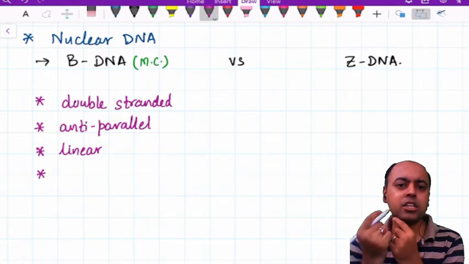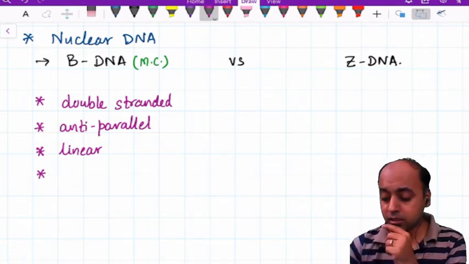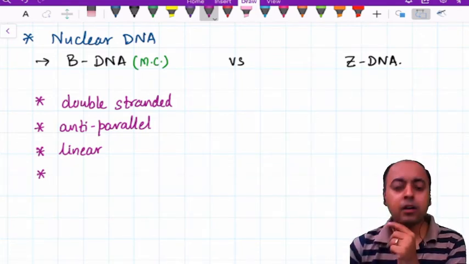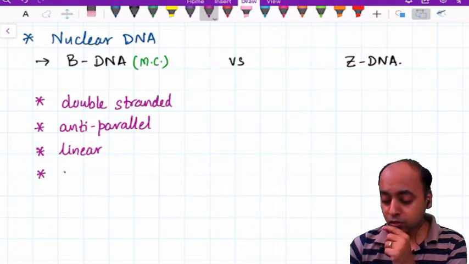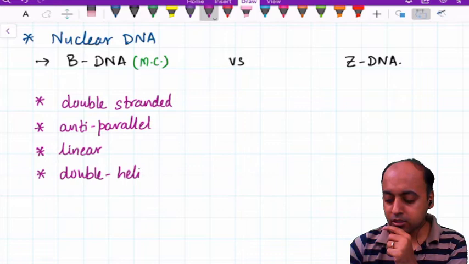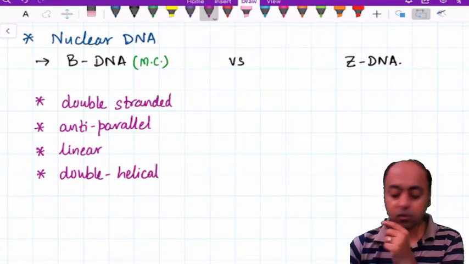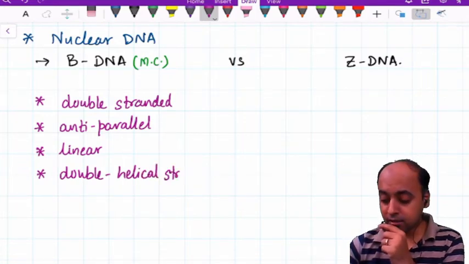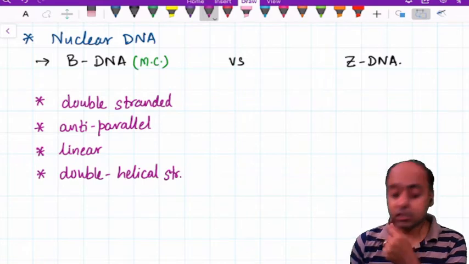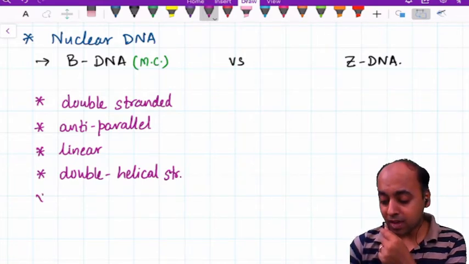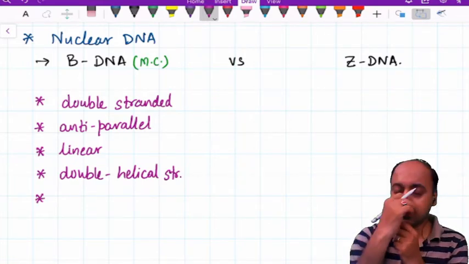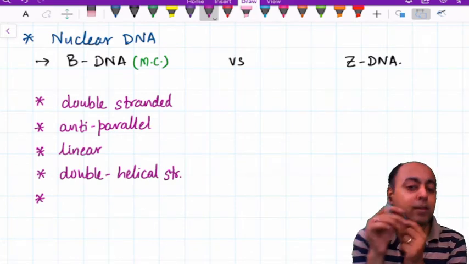So when you examine the strands, they have a structure like a helix. So we call it the double helical structure. Two helices running around each other. Now whenever you have the helix, it can have two types of orientation.